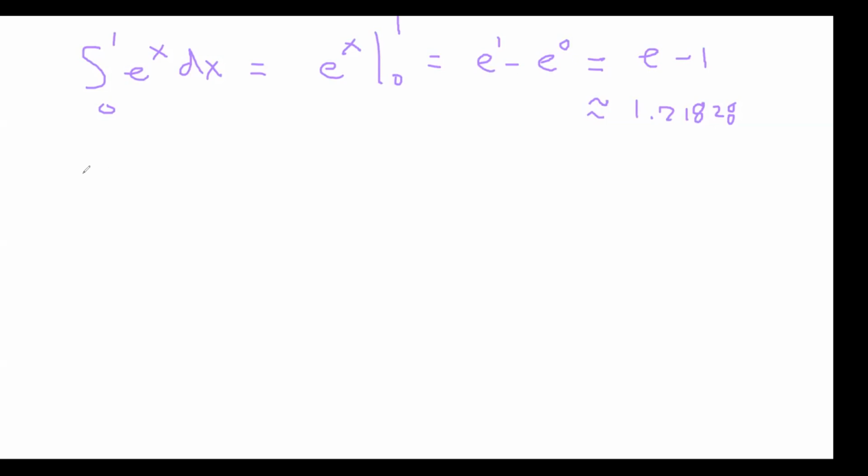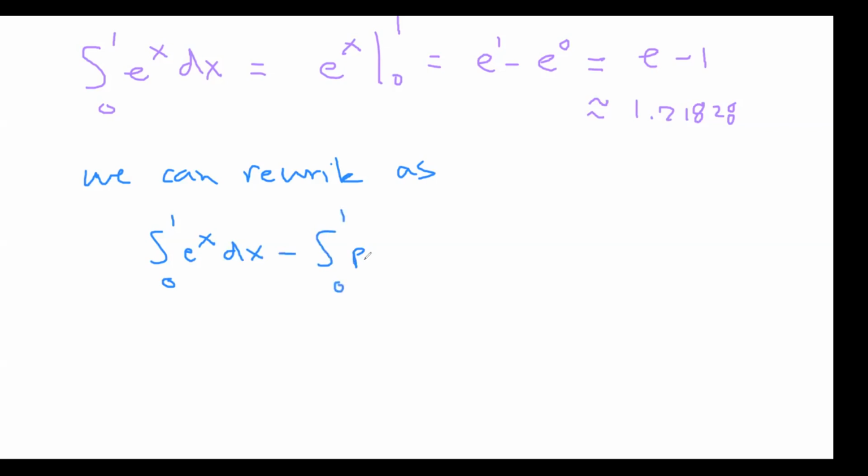So we can rewrite as the integral 0 to 1 of e to the x dx minus the integral 0 to 1 of P sub 5 of x dx. I'm not going to write it out. We can rewrite this as this, which is e minus 1.